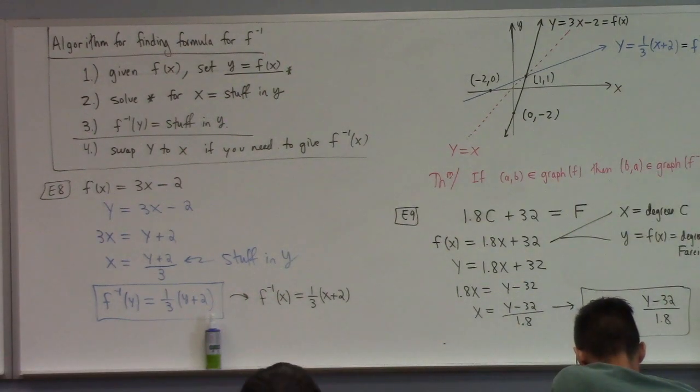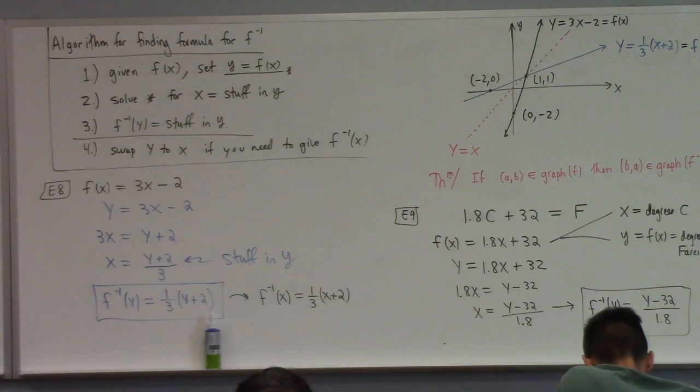I think this is a good example of where you really do want to use a different symbol for both the domain and the range, because they have different meaning. x is the temperature in Celsius, whereas y is the temperature in Fahrenheit.